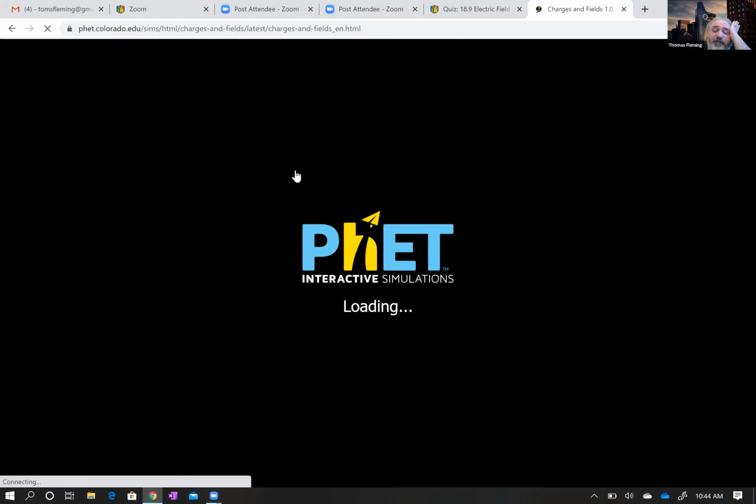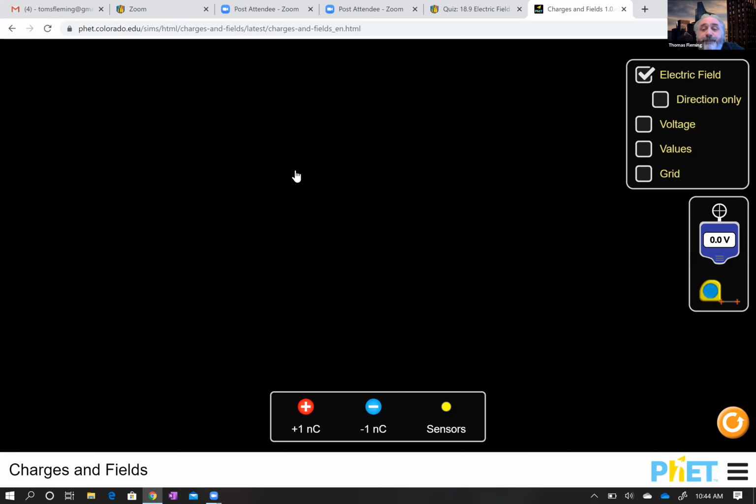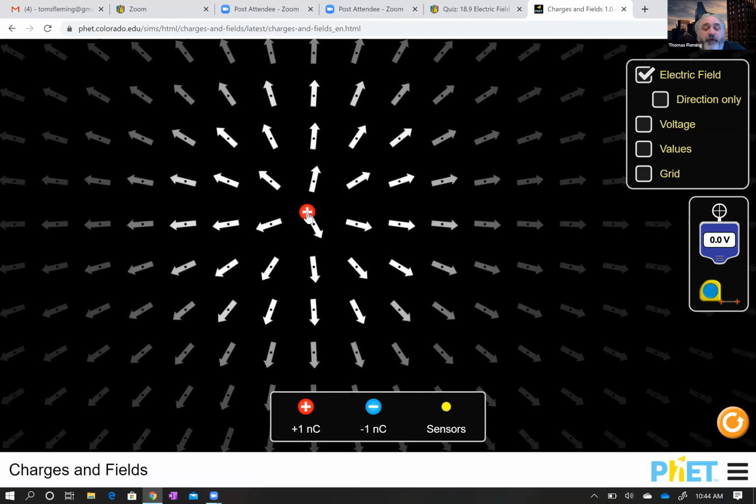This simulation will take small point charges, and it will allow me to look at the electric field or the electric potential at different spots. So here's a 1 nanocoulomb point charge.